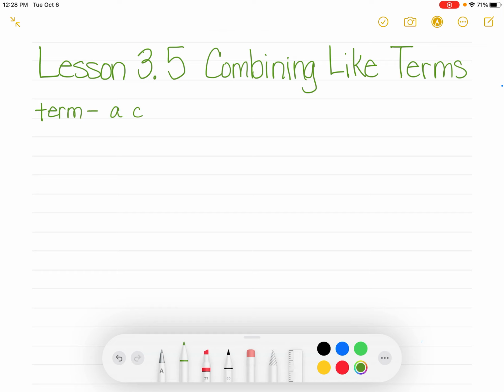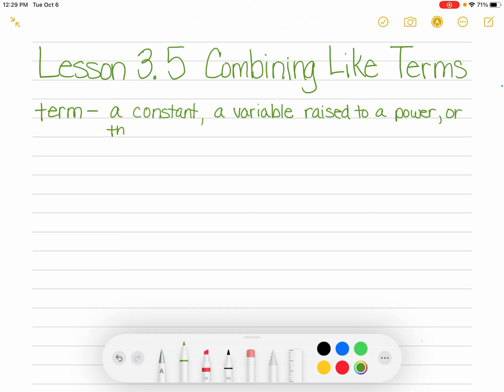A term is a constant or a variable raised to a power. So it could even be the power of 1, which would not really be any power on there.